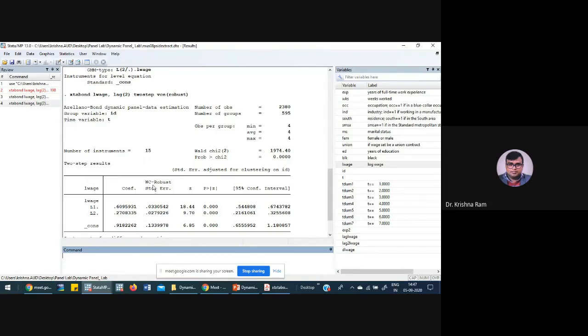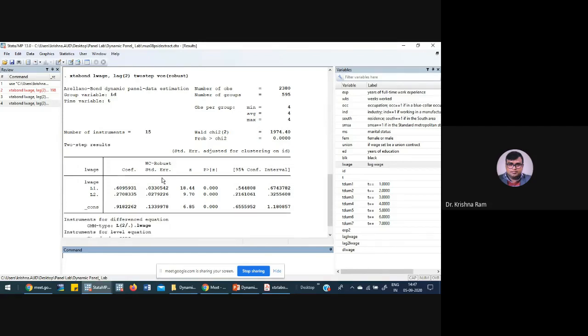Theory says that we get a more efficient estimator in the case of the two-step estimator, and because of that reason we are using the two-step Arellano-Bond estimator. Again, it is said that if you use the textbook standard error instead of the Windmeijer robust standard error, in that case we will get an underestimation of standard error.